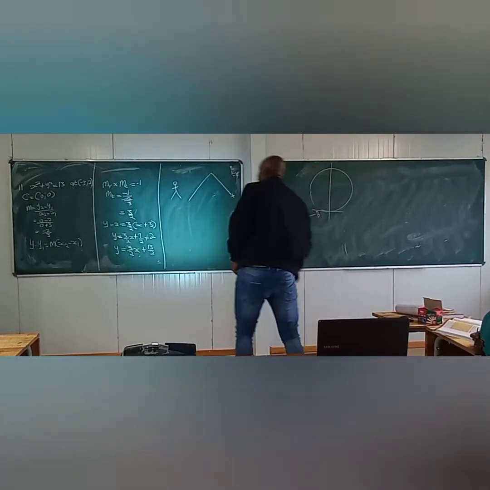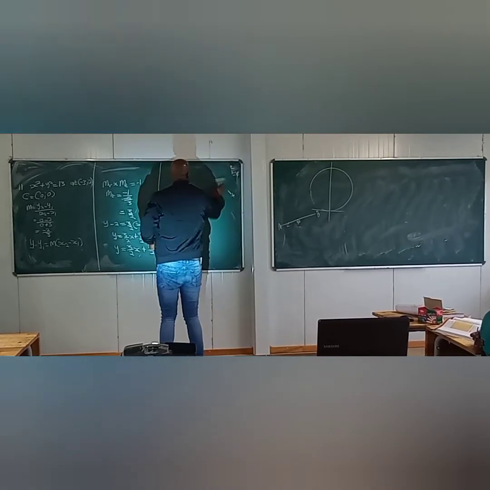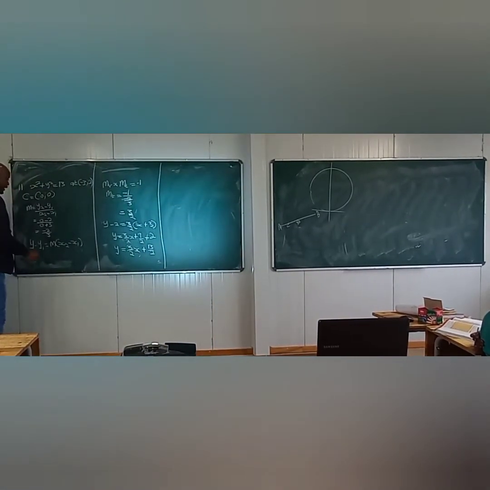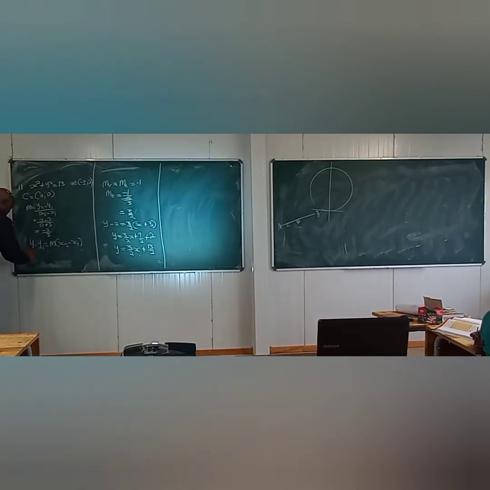We just take that gradient and substitute again: y minus 2 equals negative 3 over 2 into x. We don't say x2, this is x.